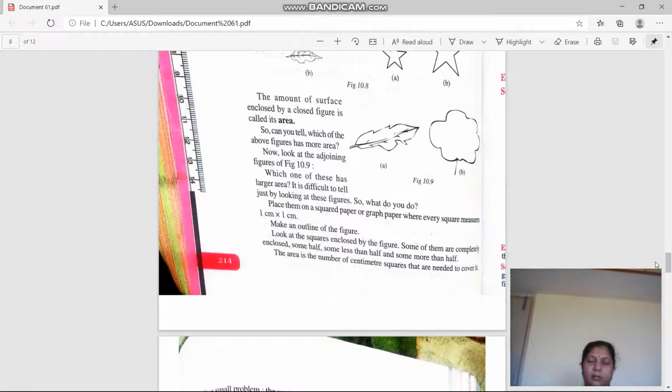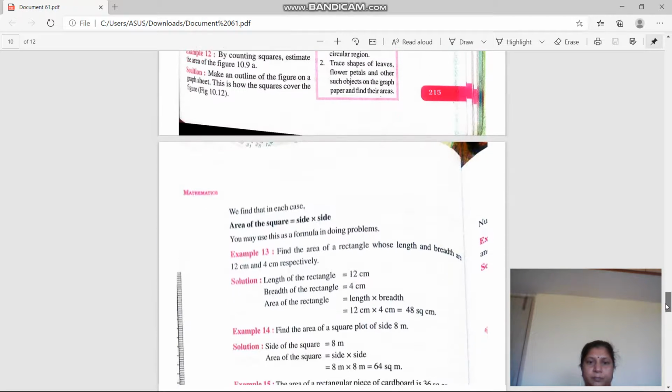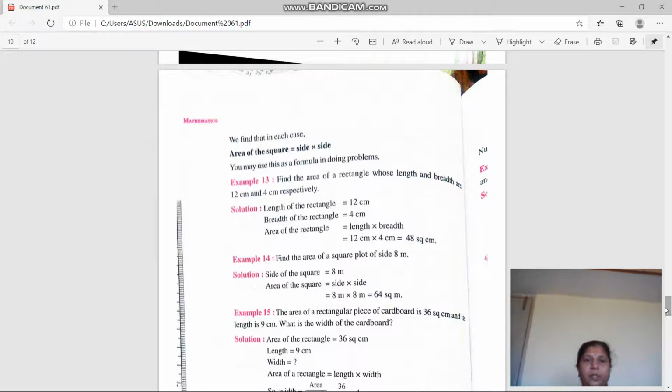Let's revise the examples on it. Find the area of a rectangle whose length is 12 centimeter and breadth is 4 centimeter.